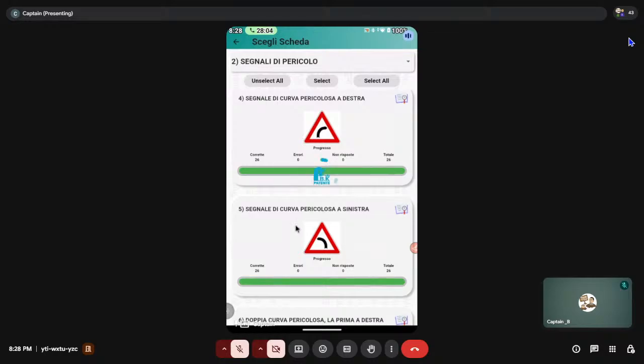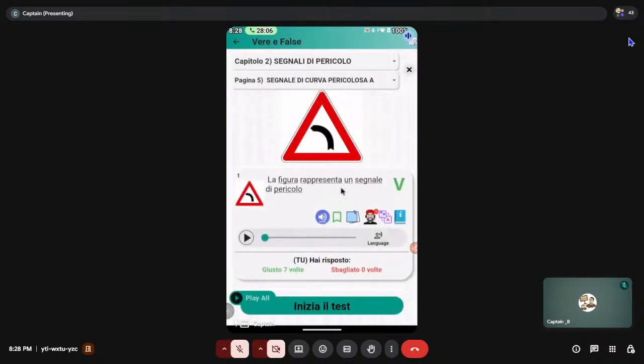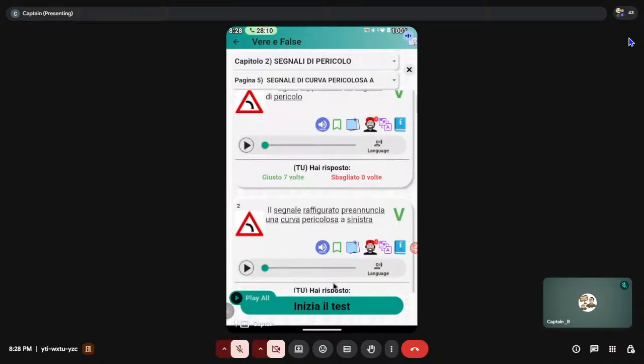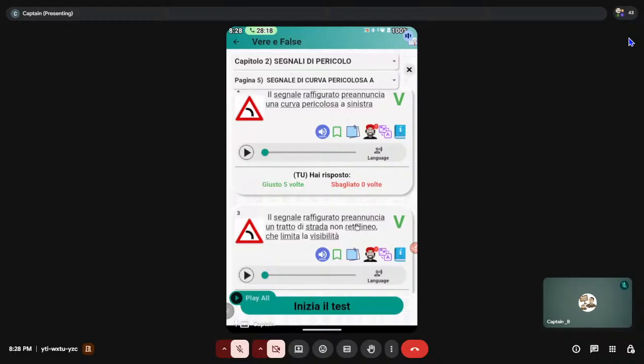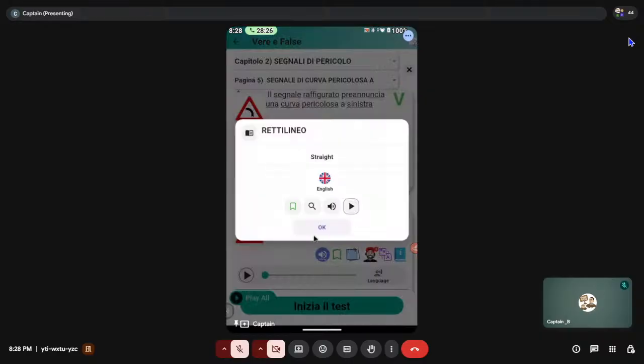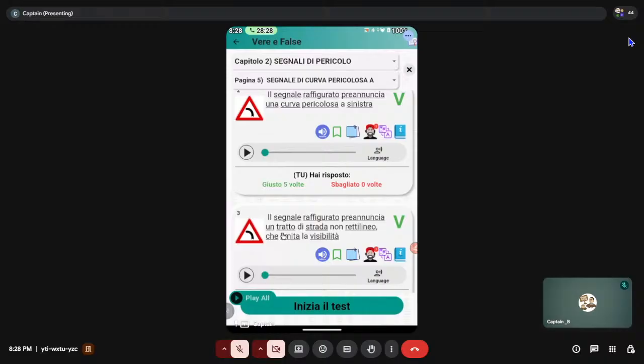Now, let me look for segnale raffigurato è un segnale di pericolo. Il segnale raffigurato preannuncia una curva pericolosa a sinistra. You see? Il segnale raffigurato preannuncia un tratto di strada non rettilineo con visibilità limitata. Rettilineo also means straight, with less visibility.